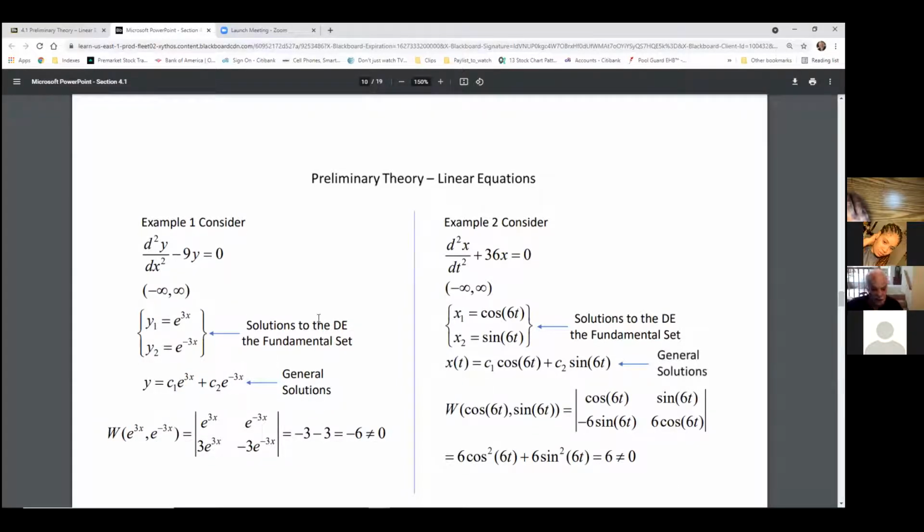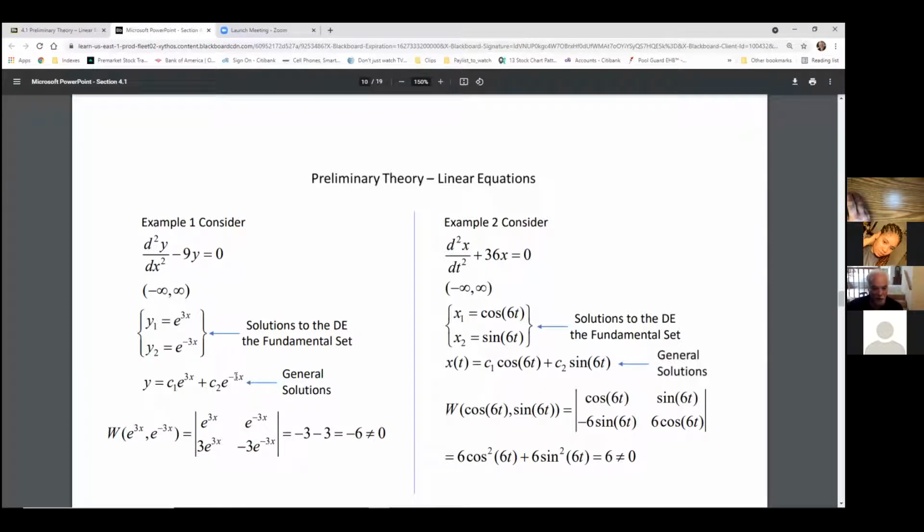The solutions to this differential equation, or the fundamental set, is y equals e to the 3x, and y equals e to the minus 3x. So this is the general solution: any constant C1 times Y1, any constant C2 times Y2.